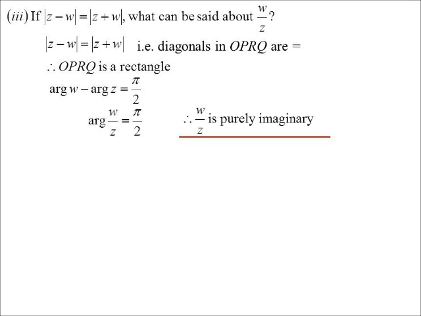In other words, the angle it makes with the x-axis is 90 degrees. I could put it there, the angle is 90 degrees. But there's only one place I can put it, and that is on the imaginary axis. So it is purely imaginary. I can conclude that about W divided by Z.